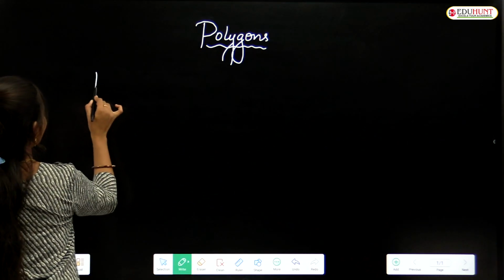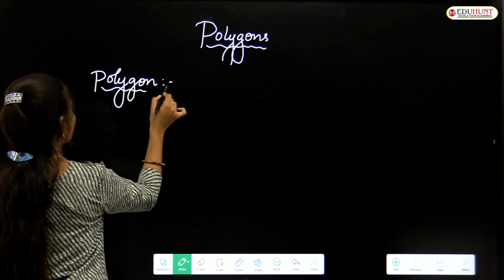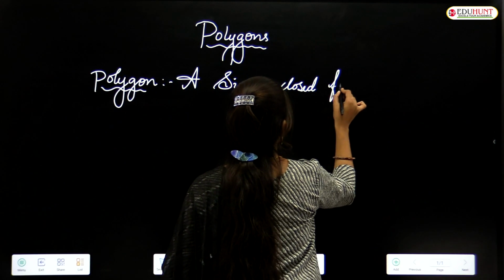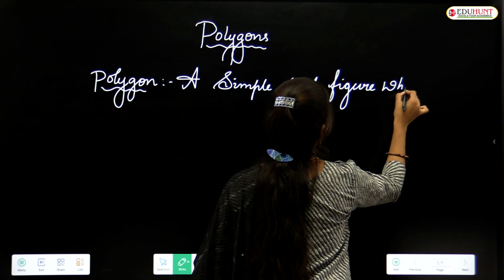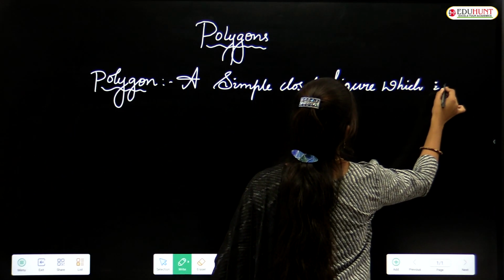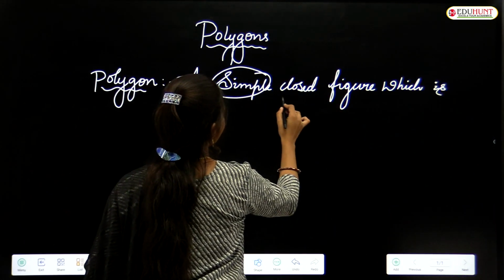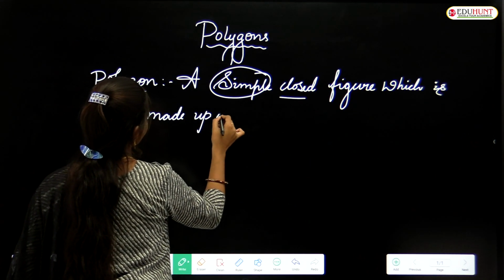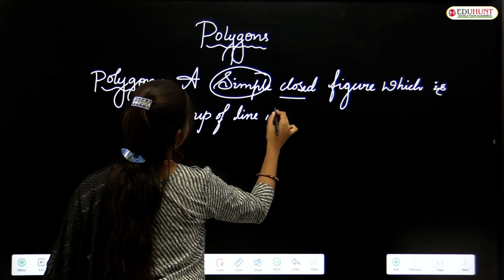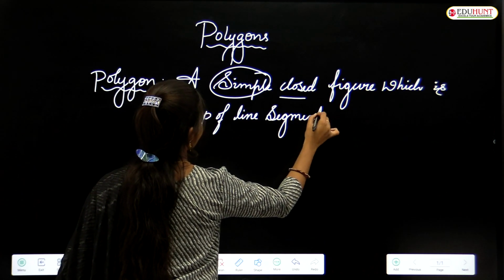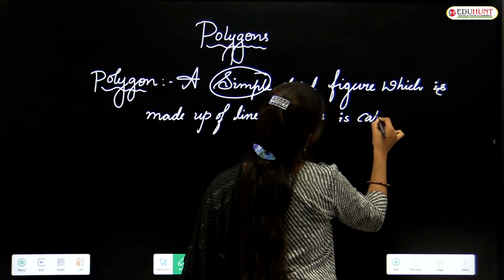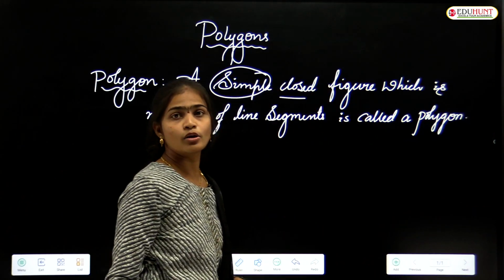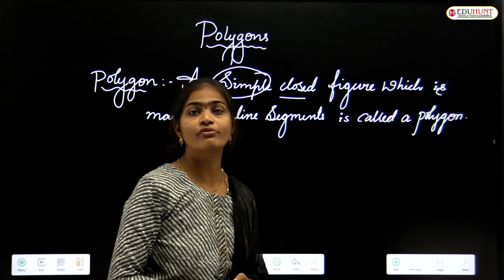So what about a polygon? A simple closed figure, or a closed figure, which is made up of line segments is called a polygon.